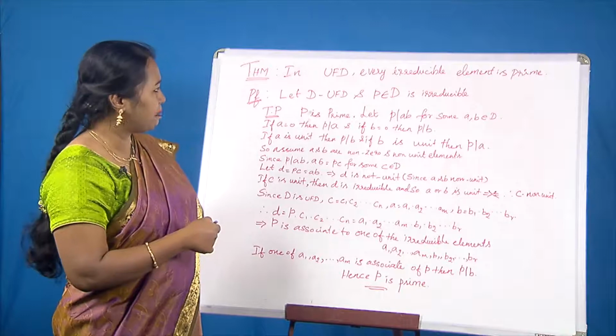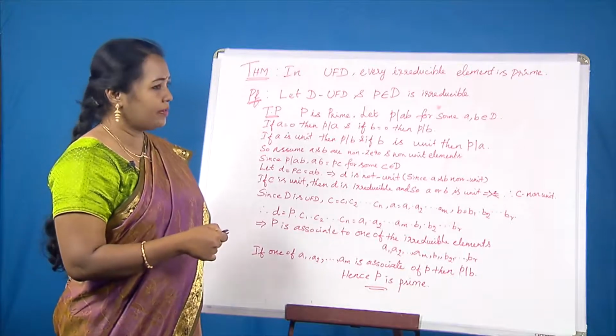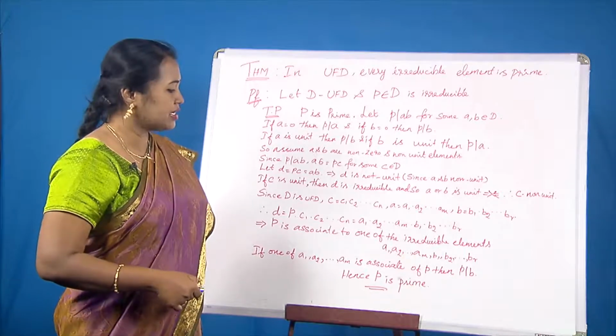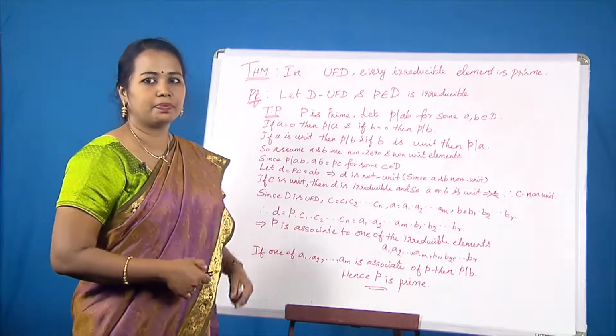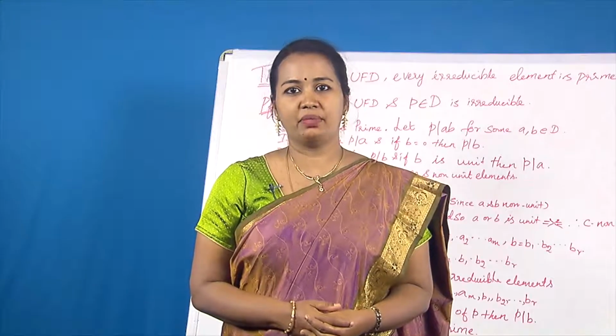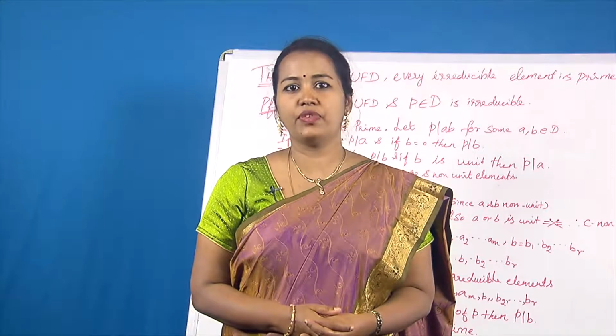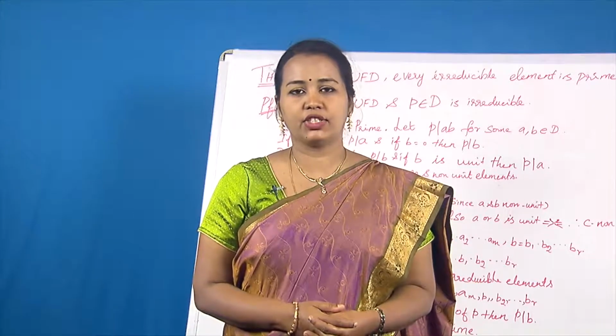So, we started with P being an irreducible element, and we have proved that P is prime. Hence the theorem. The fundamental theorem of arithmetic tells us that the ring of integers is a unique factorization domain.